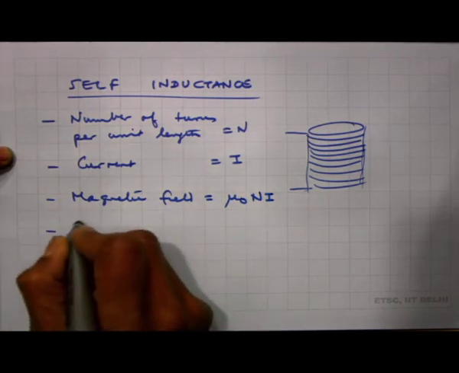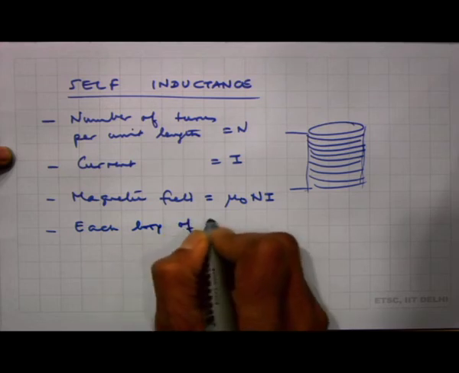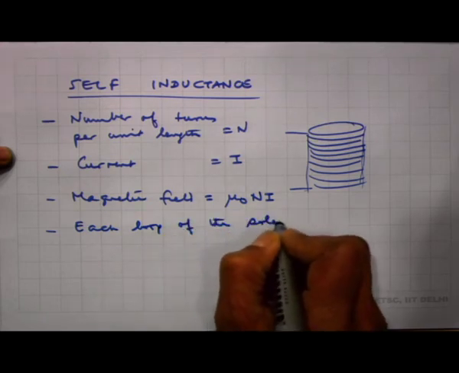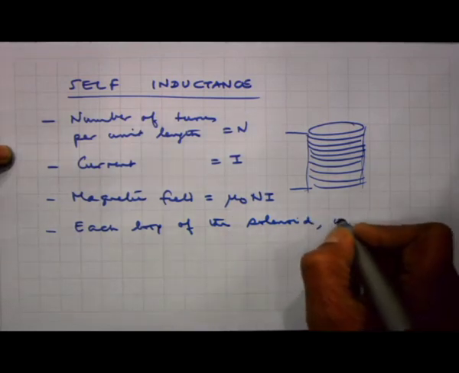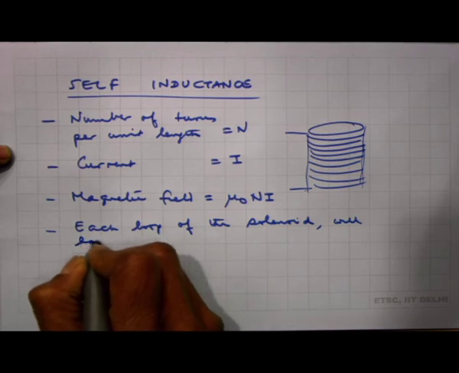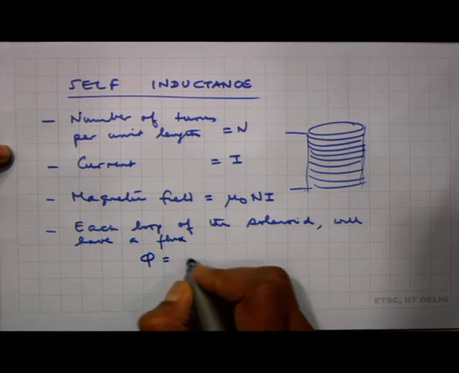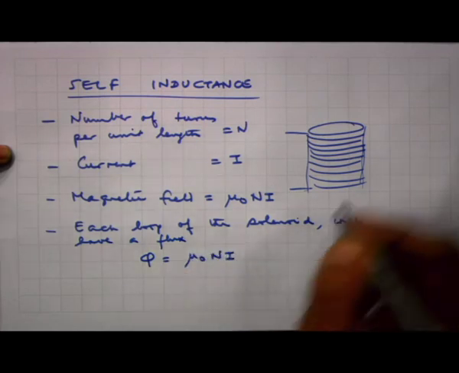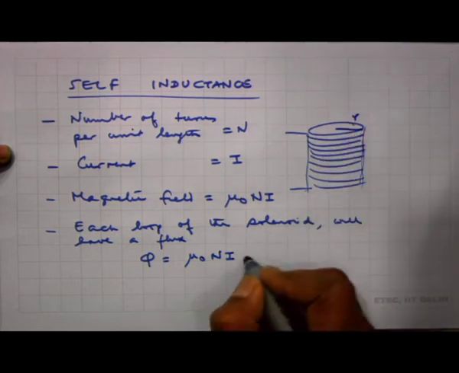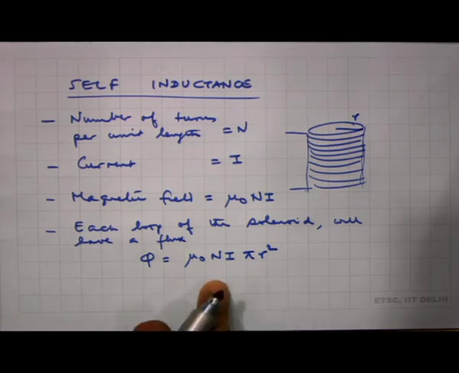So, each loop of the solenoid will have a flux mu naught n I into, if I assume the radius of the solenoid to be r, pi r square. So, each loop of the solenoid will have a flux passing through it of this much.